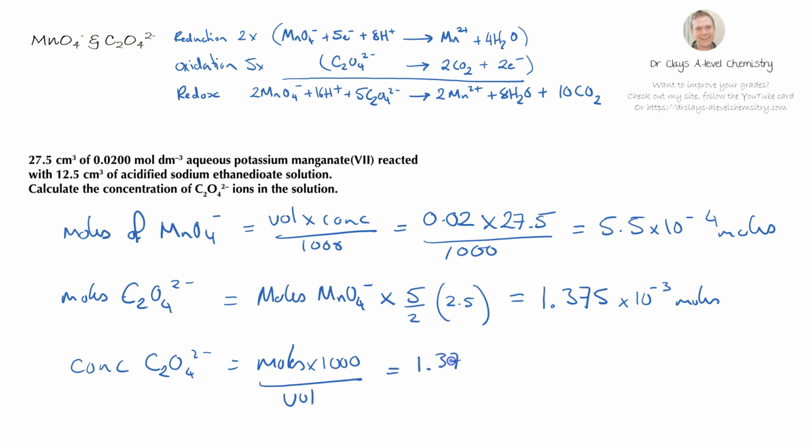We put our values in here, 1.375 times 10 to the minus 3 times 1000. Well, that's going to give us 1.375 over the volume, which we've got in centimeters cubed here, and that gives us an answer of 0.110 mole dm minus 3.